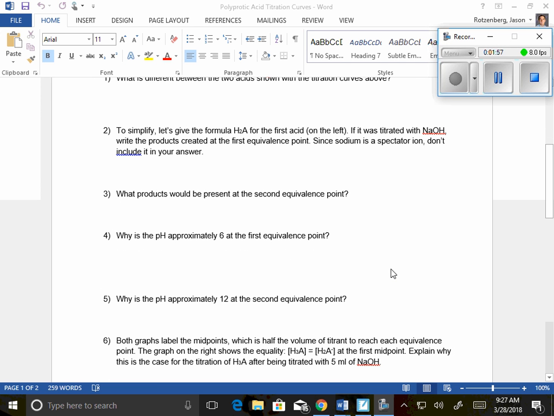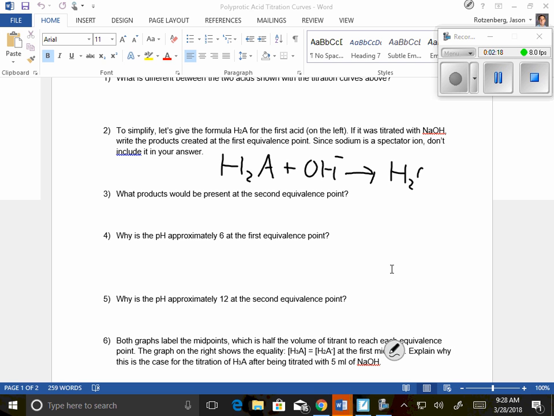So if I were to write that reaction, here's my H2A, my acid I started off with. I'm adding hydroxide to it. That would leave me, well, water is a product in all these neutralizations.